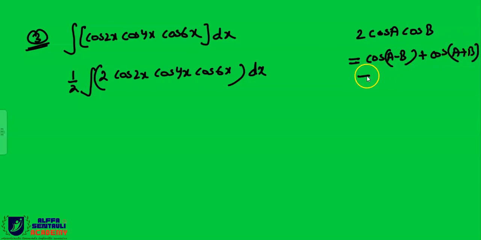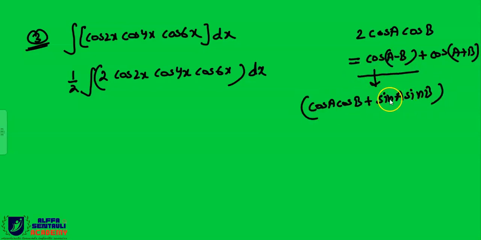Let us check whether we have written it correctly. In cos(A minus B), if the minus sign is there, we do the opposite: cos A cos B plus sin A sin B. Correct, beta? So this term can be written in this way.